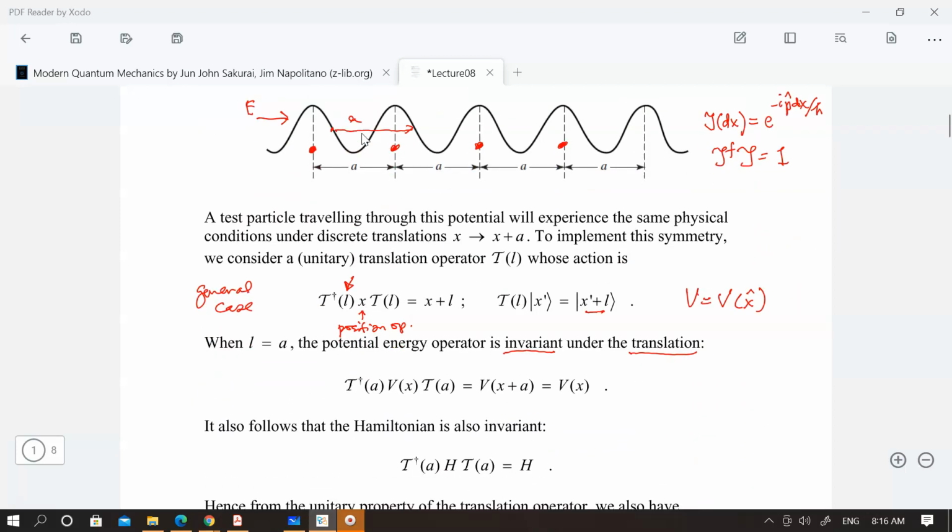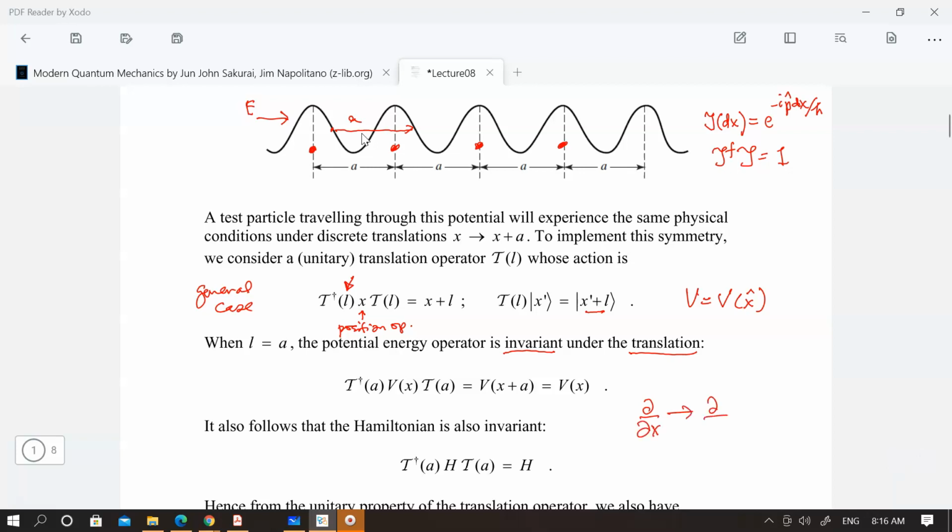If the potential is invariant under these discrete translations, then similarly you can show that your Hamiltonian is also invariant, because the kinetic energy just involves a derivative operator.